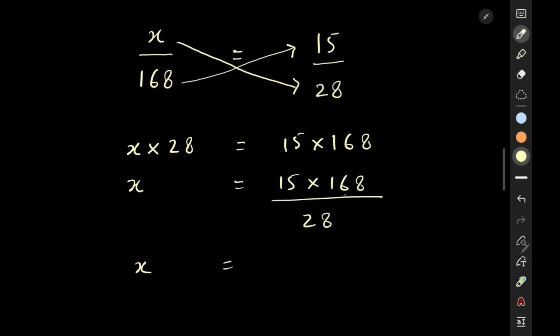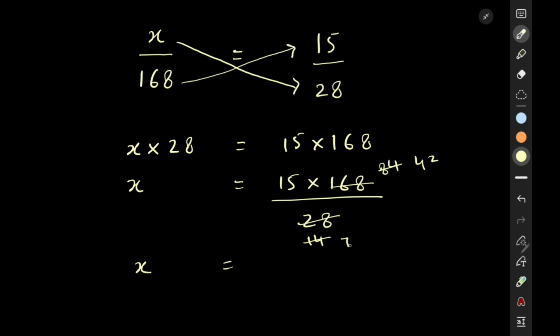Next step, we cancel the values of 28 and 168 with each other by the number of their factors, that is 2. 2 1 times, 2 4 times. Here 2 8 times 16 and 2 4 times 8. Again 2 times, 2 7 times and 2 4 2 times.